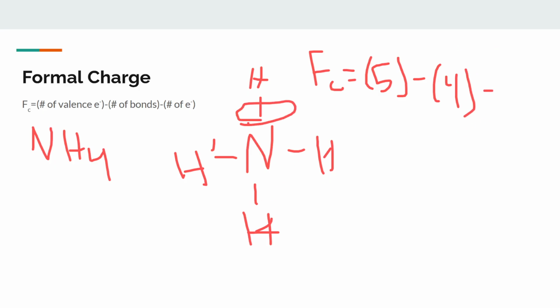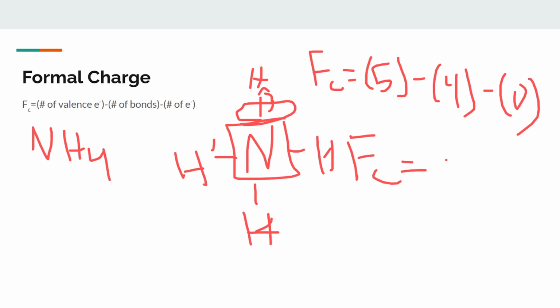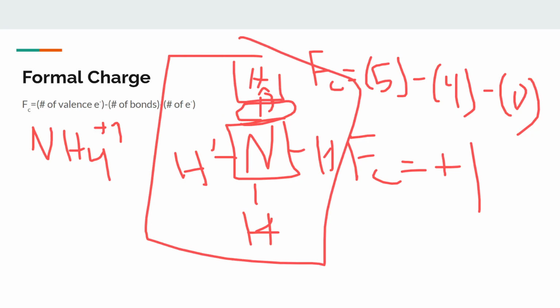We no longer have this electron pair up here because we bonded it to a hydrogen. So we have 0. And our formal charge for this nitrogen is going to be plus 1. So we can add a little plus 1, because if the nitrogen is plus 1 and nothing else cancels it out, which we know all of our hydrogens won't cancel it out because they're bonded to something.